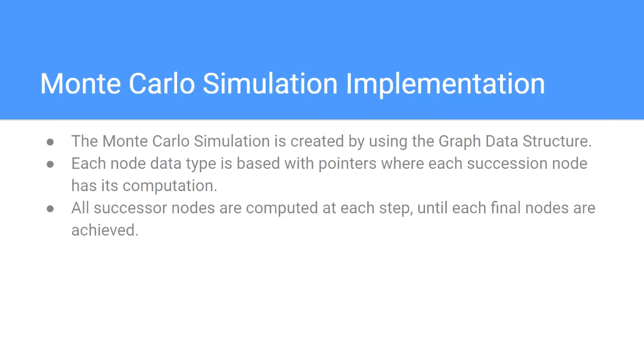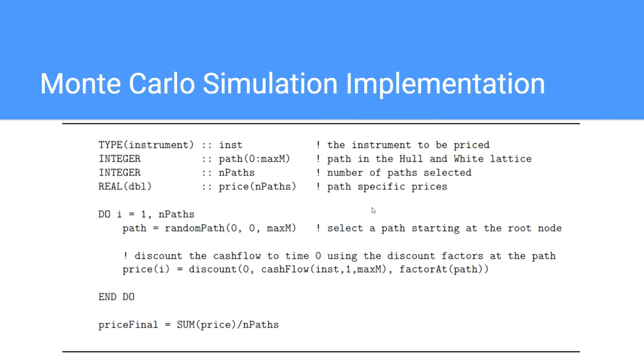All successor nodes are computed at each step until the final nodes are reached. I have written an example of how this graph data structure would look for a Monte Carlo simulation. You'll have a class defined as an instrument. It will define its instrument type, basically saying what kind of asset we're trading or calculating for, as basic knowledge of that data structure.